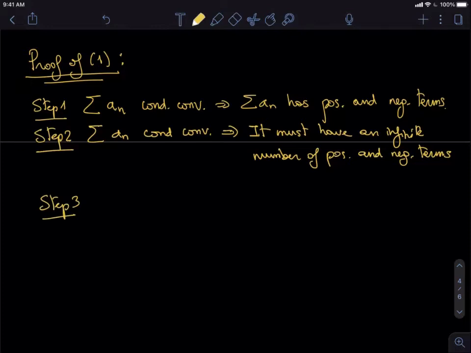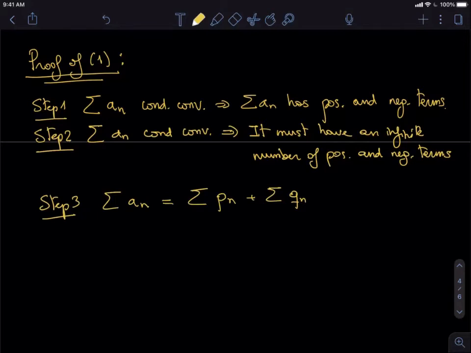Here, what we are going to do is write the series as the sum of two. Here this P_n and Q_n are two series, where P is for the positive terms and Q for the negative terms. So how do we write this?